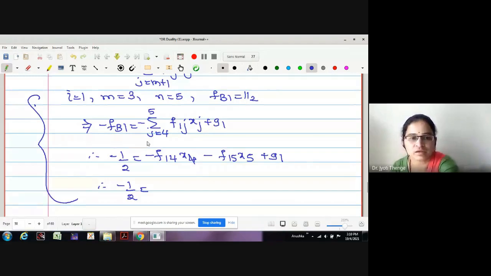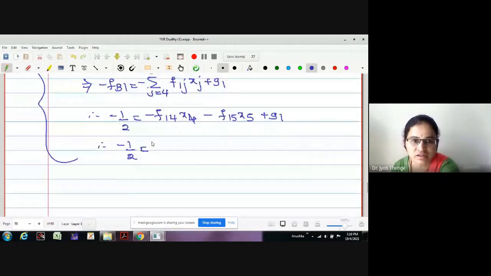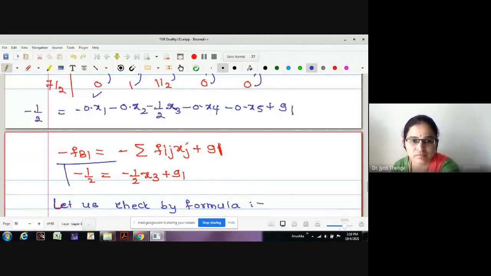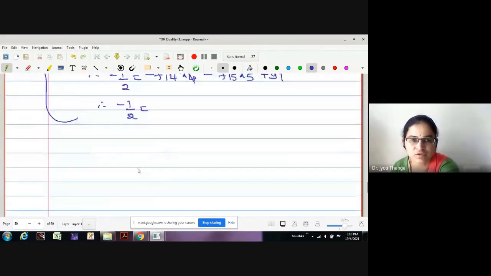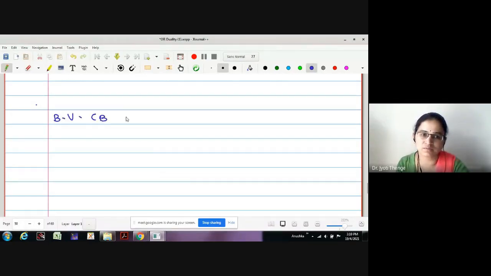Okay. Then let me just add this Gomory constraint in the table. So what will be the table then? I'll tell you that part later. The table: basic variable, CB, XB, X1, X2, X3, X4, X5 and G1.